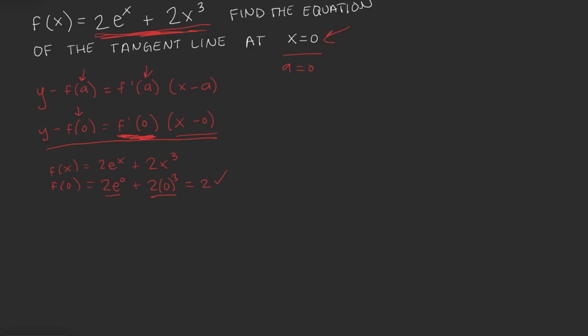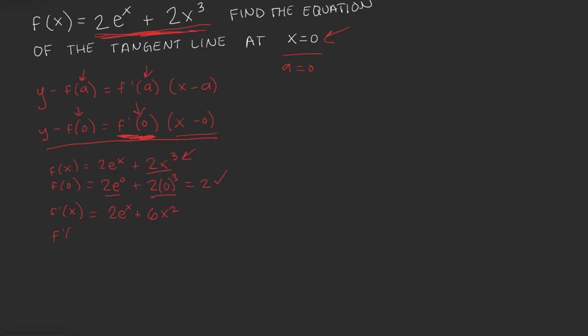Okay, so now we're going to take the derivative of the original function, which is this one right here. So this would just be 2e^x. The derivative of e^x is just itself, e^x. That will always be true. And then the derivative of this portion right here would be 6x squared. That's it. That's all we need for that one. Okay, but then remember we have to evaluate it at 0.